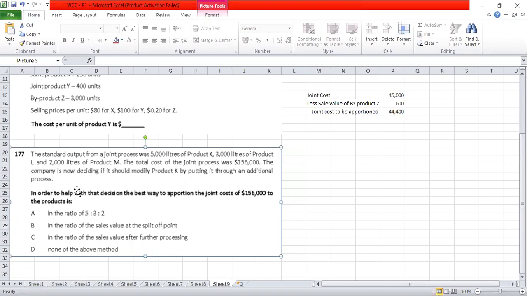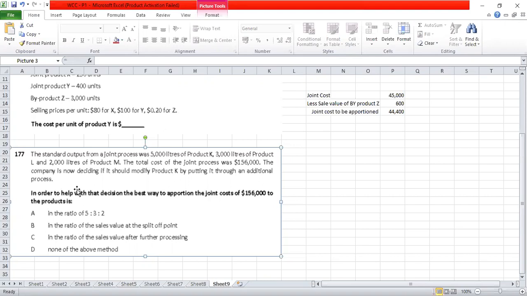So there are methods, but connecting the decision to the method is not the situation. Whether you want to process it or not depends on the situations prevalent for that particular product. The decision is not subject to the method of apportionment of joint cost.